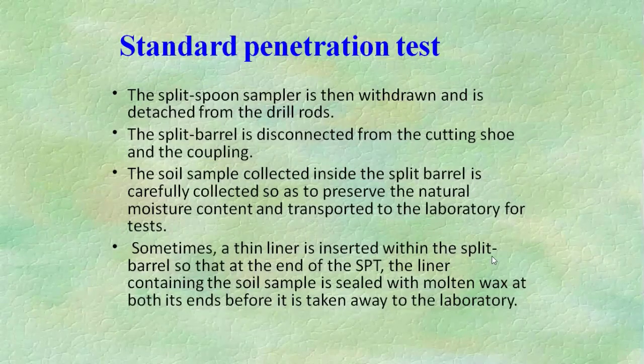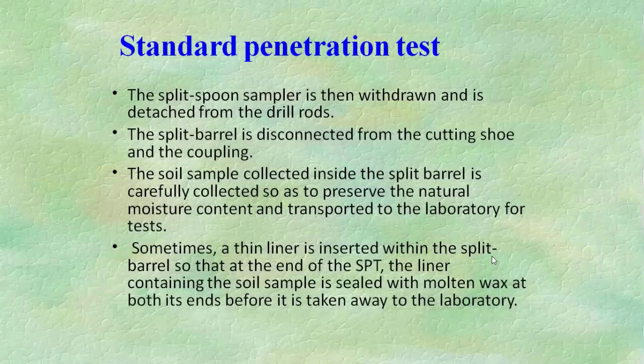The test is conducted in the borehole by means of the standard split spoon sampler. Once the drilling is done to the desired depth, the drilling tools are removed and the sampler is placed inside the borehole.